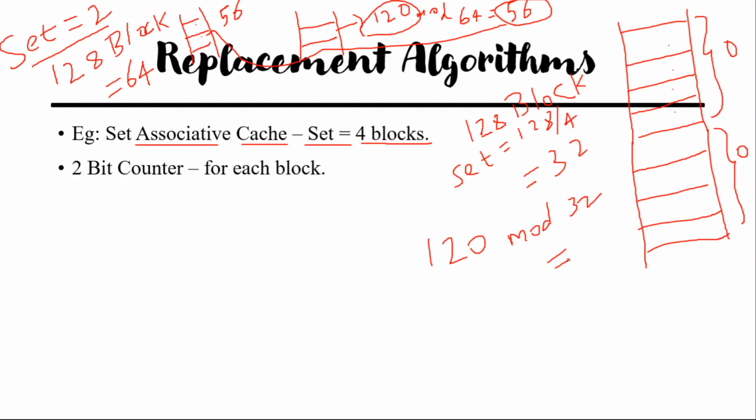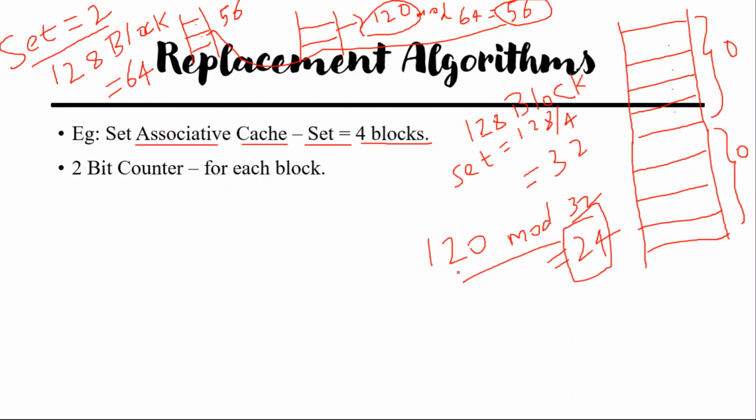Let me calculate: the remainder is 24, so it will go to set 24.